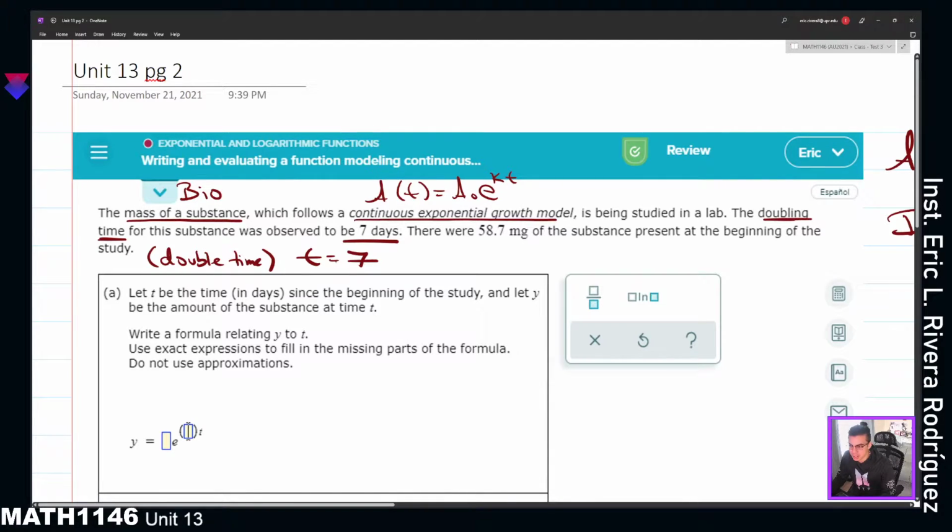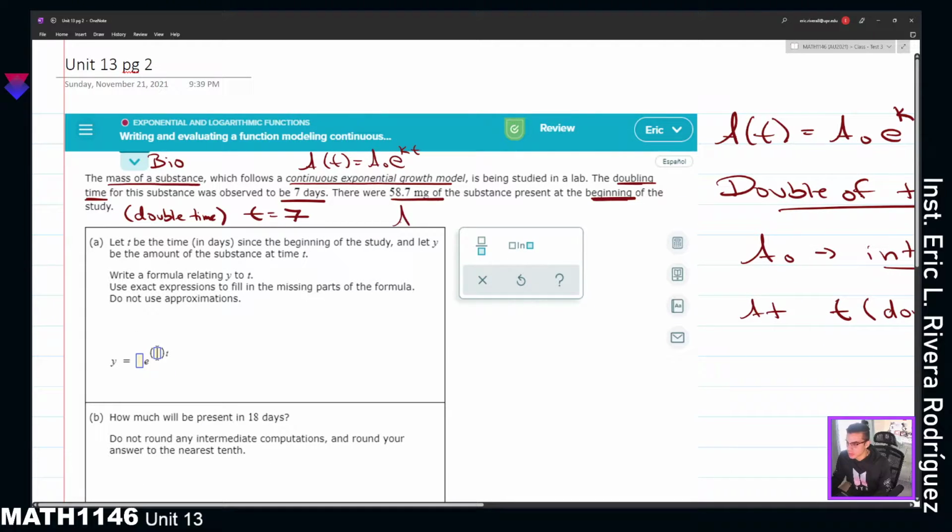What is the meaning of doubling time? Well, the other sentence tells us there were 58.7 milligrams of substance present at the beginning of the study. So let's take that apart. We know that a sub 0 is 58.7.